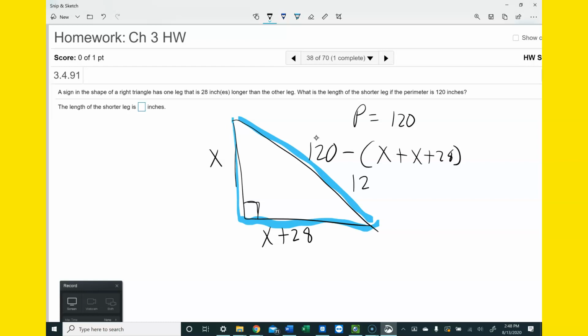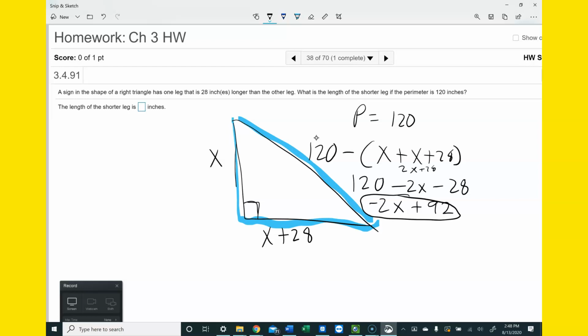So that would be 120 minus 2x plus 28. And I distribute my negative. So 120 minus 2x minus 28. And then I could combine the 120 and the 28. So negative 2x plus 92. So this would be a good expression for the length of this hypotenuse here.